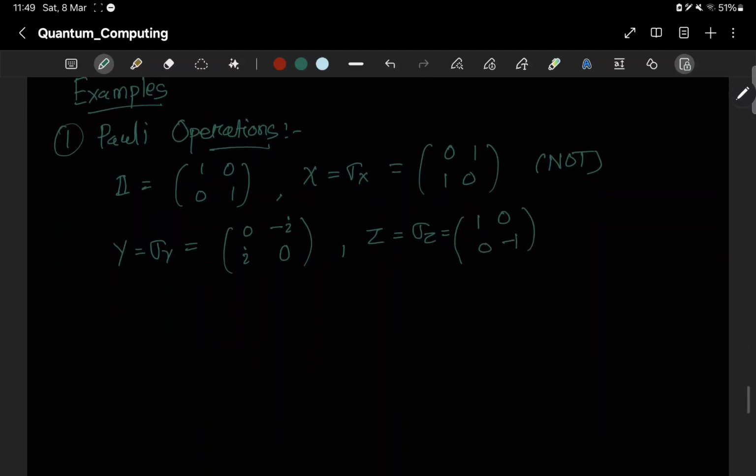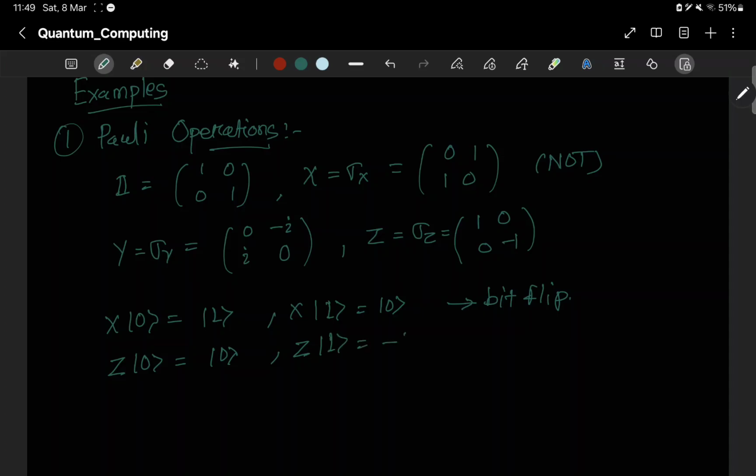Okay, so if we apply this NOT operation on the 0 state, it will give us the 1 state, and if we apply it on the 1 state, it will give us the 0 state. That's a bit flip operation. If we apply Z on 0, it will give us 0 without any change. But if we apply Z on 1, it will change its phase to -1.